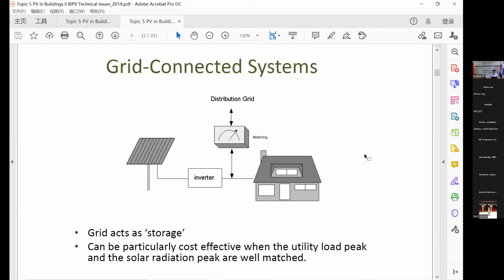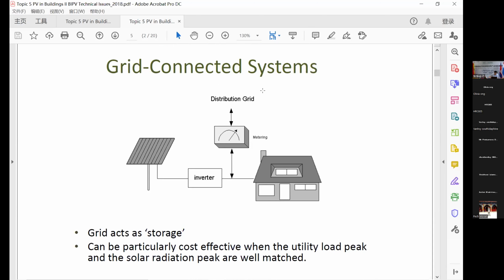The grid normally needs very significant regulation and control. So that's some actual content on the relation between the grid and renewable energy.